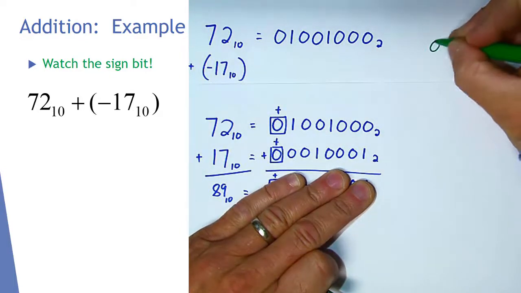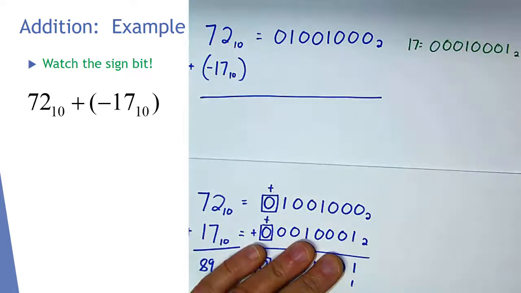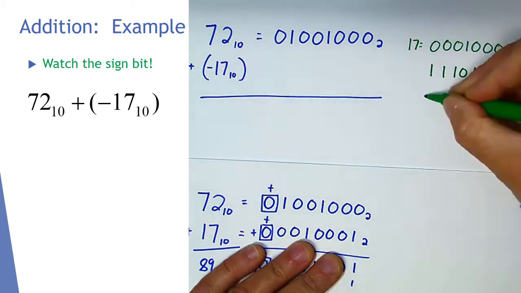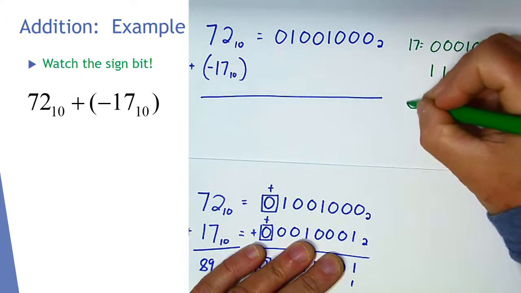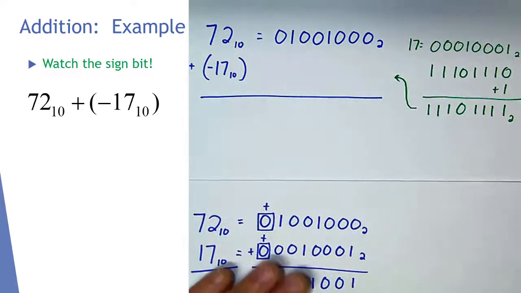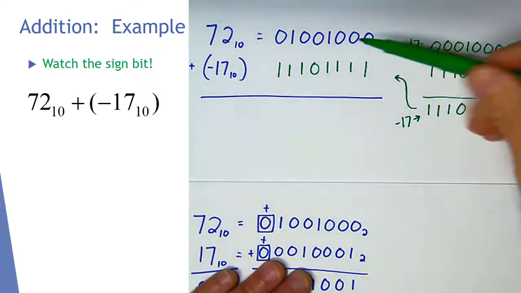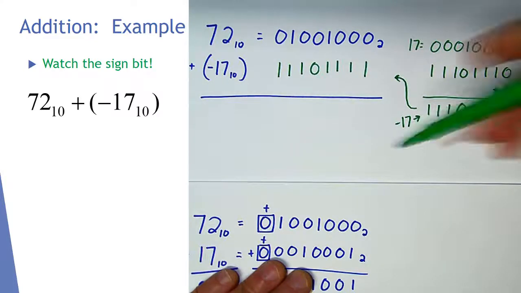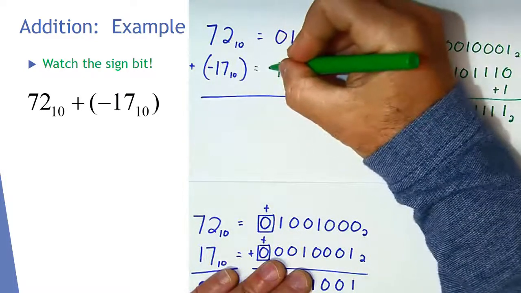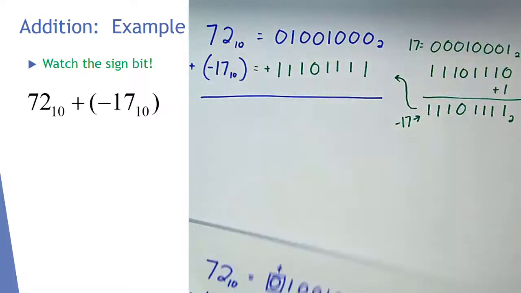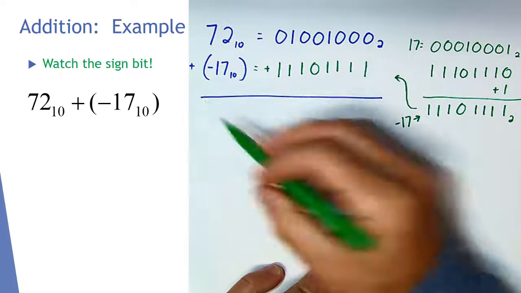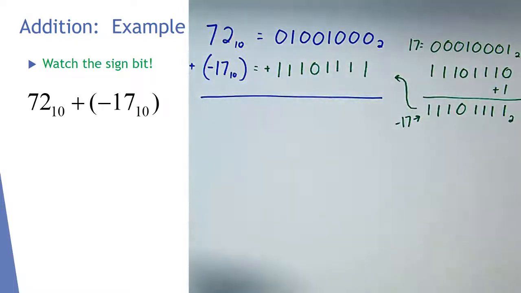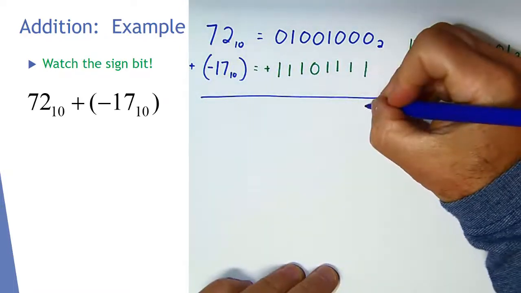So we need to find the 2's complement of that: we flip the zeros and ones and add 1. That is the representation for negative 17, and that's what we'll add on. So this time we're going to add on the 2's complement of 17, which is the same as performing subtraction. Notice that we don't actually have to do any subtraction here. We're getting subtraction performed by performing addition. Here we go.